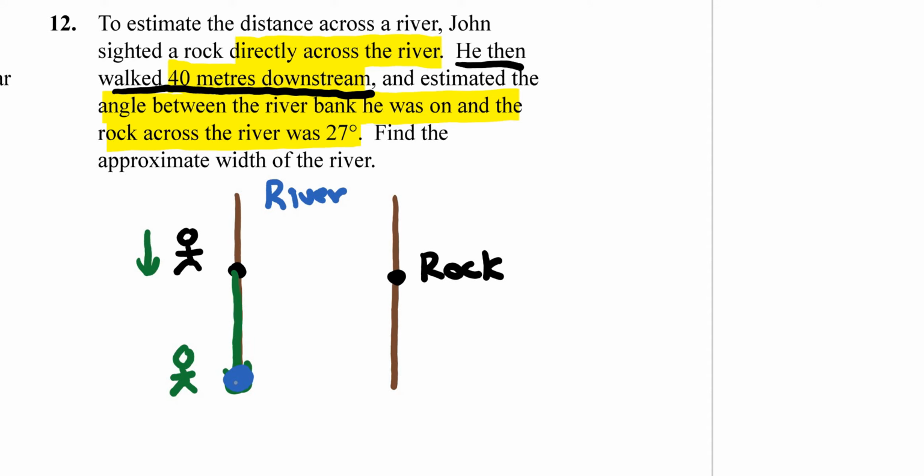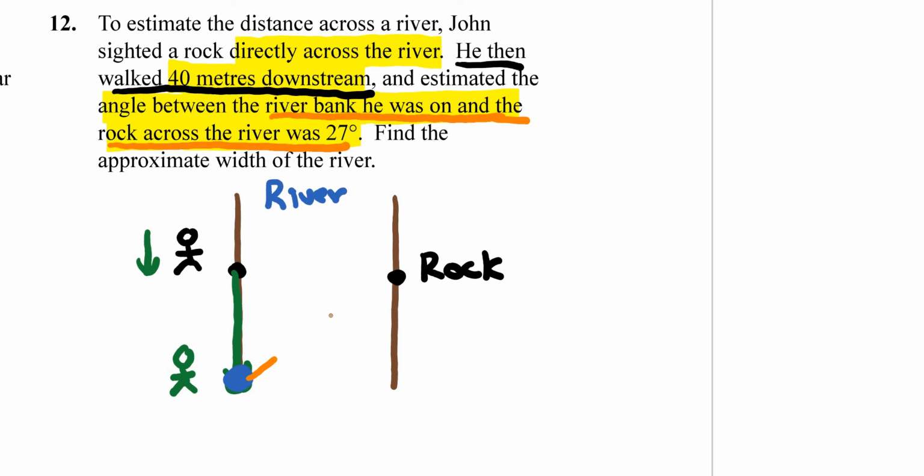And then he estimates the angle between the river bank he was on and the rock across the river was 27 degrees. All right, so let's take a look at this part here. The river bank that he was on and the rock across the river was 27 degrees.